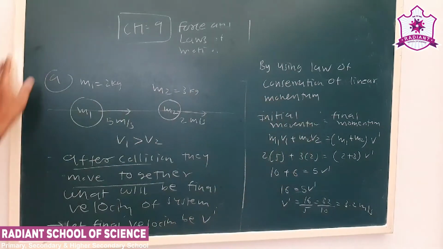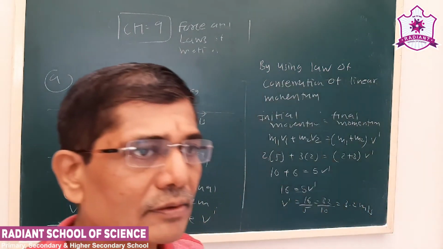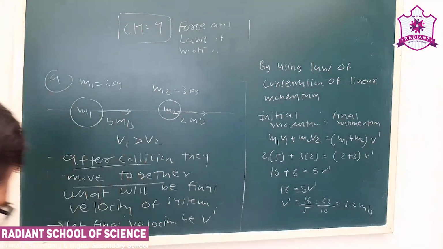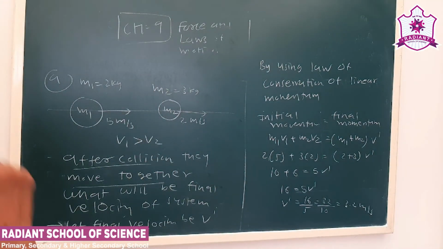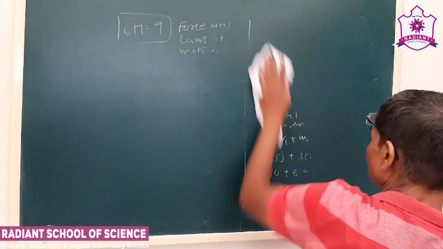So the final velocity of the system, v dash, we obtain as 3.2 meter per second. Now, this is a question in which we have used the law of conservation of linear momentum. Now we take one more sum which uses the same phenomenon.